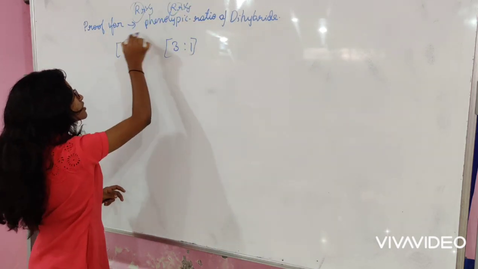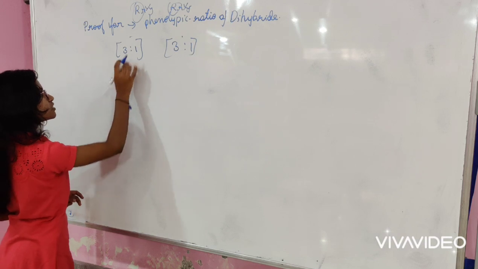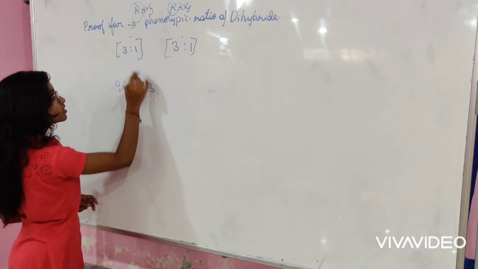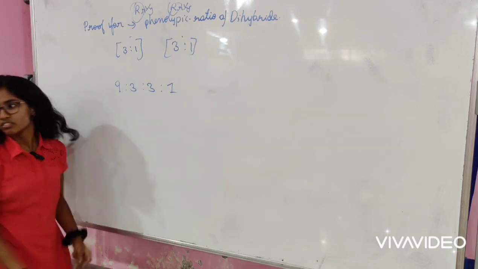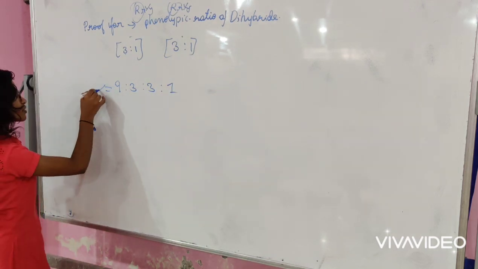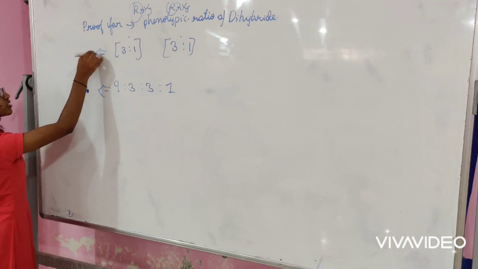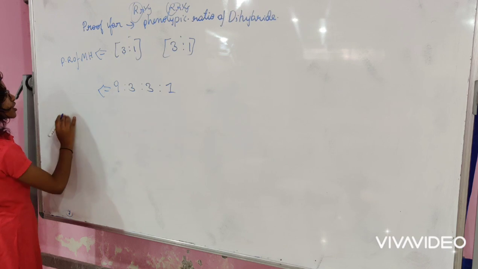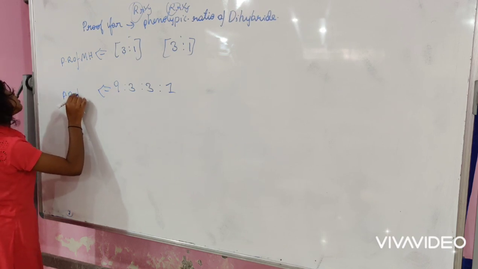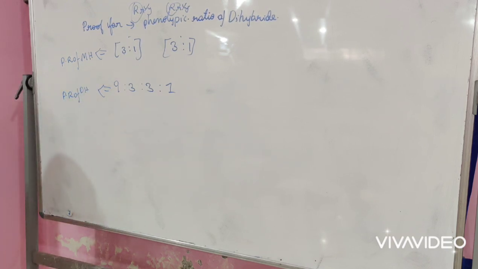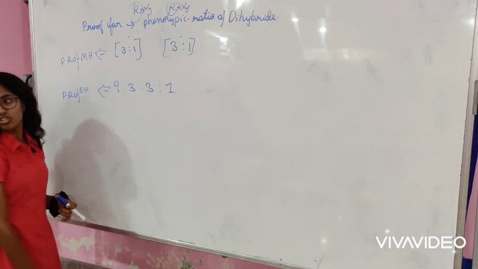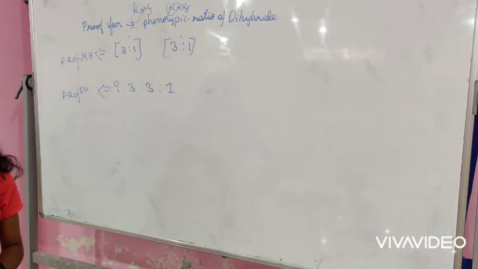For R and Y, it is this. 3 3s are 9, 3 1s are 3, 1 3s are 3, 1 1s are 1. Okay. This is the phenotypic ratio, right? This is the phenotypic ratio of monohybrid, and this is the phenotypic ratio of dihybrid, right? So you understood this? 3 3s are 9, 3 1s are 3, 1 3s are 3, 1 1s are 1. Okay. This is the proof.